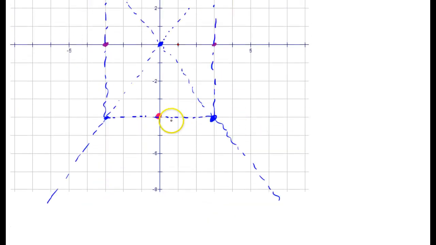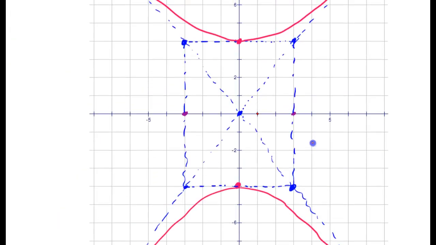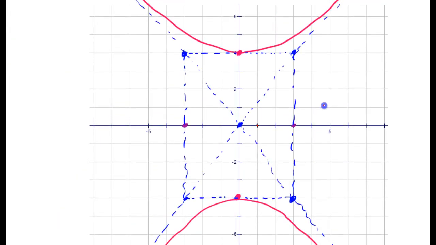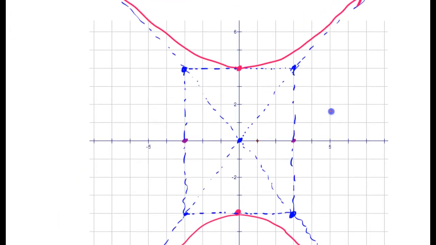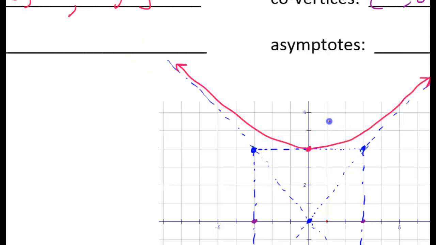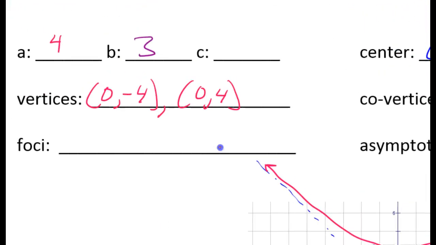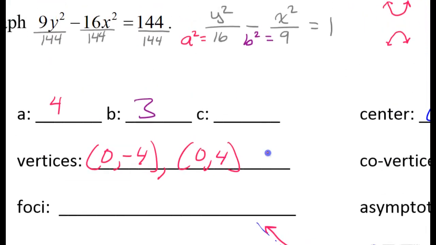So there's one branch, and here's another branch. Okay, so we've really drawn the hyperbola right now. What else do we need? The foci. We're going to need the c value. So it's time to find the c value.